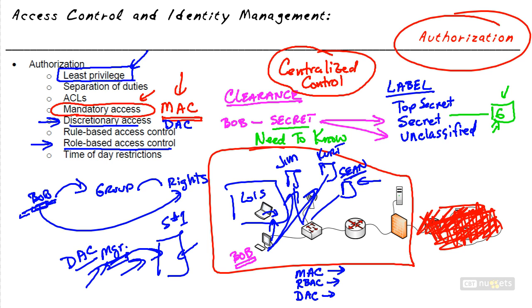Now, just to make it fun, there is another acronym, RBAC, right here, which is rule-based access control, not to be confused with role-based, which is like our groups example. And rule-based access control is simply a method of implementing the technical controls. For example, on a firewall, we might have some specific rules as far as what is allowed through that firewall and what is denied through that firewall.